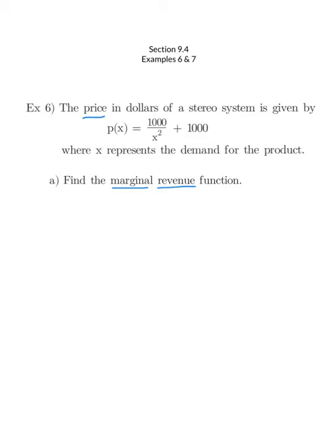Revenue is all the money you bring in for selling your product. So if you sold 30 products at $10 a piece, you would take 30 times 10 and have a total revenue of $300.